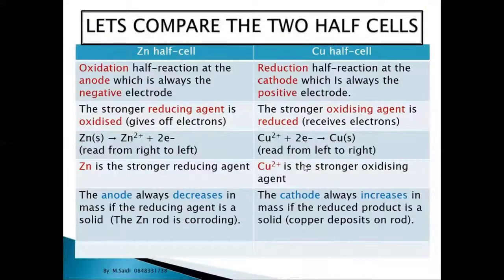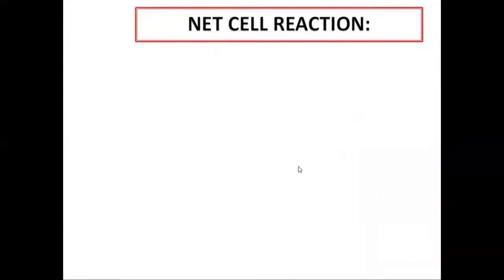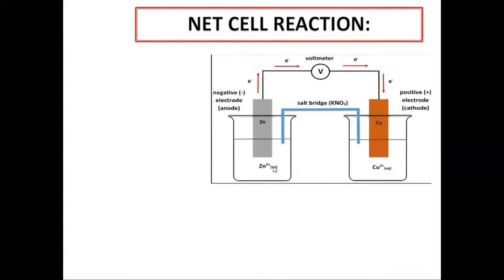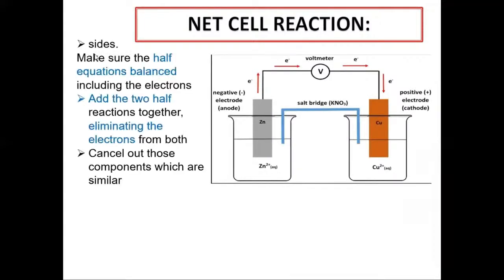Since now you know the concept, it means that we can apply these concepts in different versions. All right, net cell reaction. It means that we're going to combine the half equations and then see what we form.